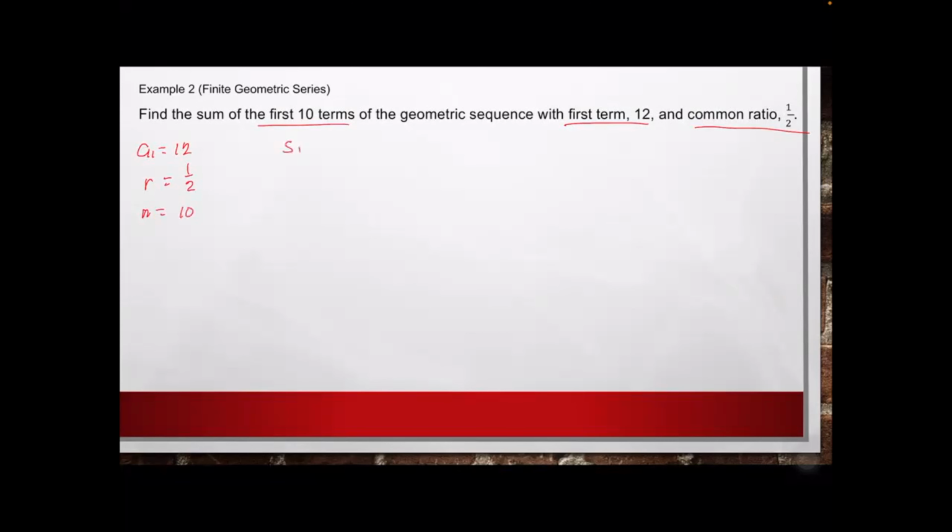So this will be S sub n is equal to a sub 1 times 1 minus r raised to n over 1 minus r. So this will be S sub 10, because our n is 10, is equal to 12 times 1 minus r, which is 1/2, raised to 10 again, over 1 minus 1/2.